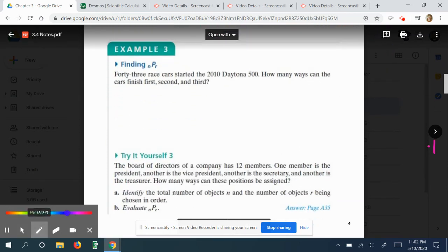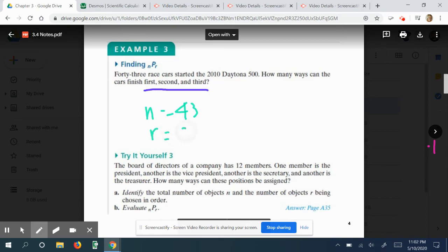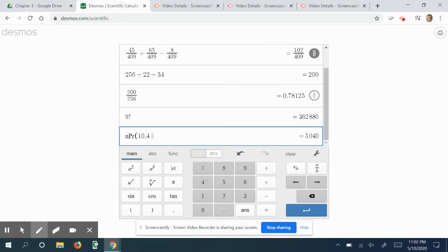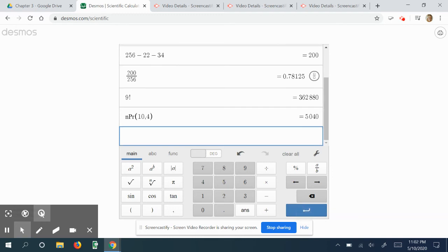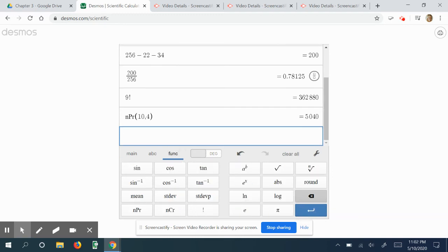Here's another one. It says 43 cars start the 2010 Daytona 500. How many ways can cars finish first, second, and third? So if we think about it, our n is going to be the 43 cars, and we're taking 3 at a time. So our permutation is going to be 43 P 3, right? And so we look at this, okay? And we say function nPr.